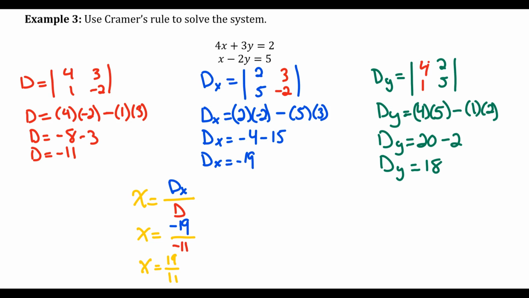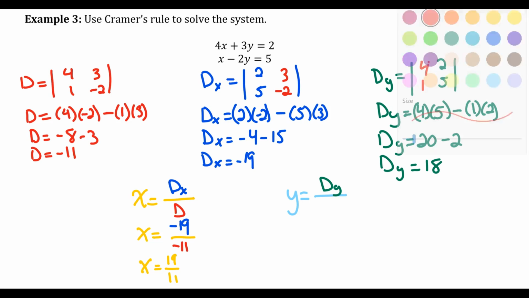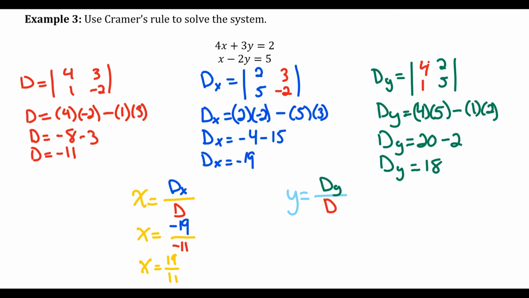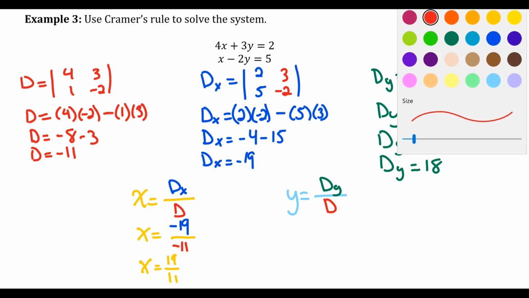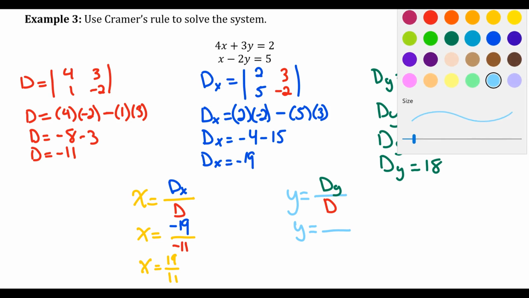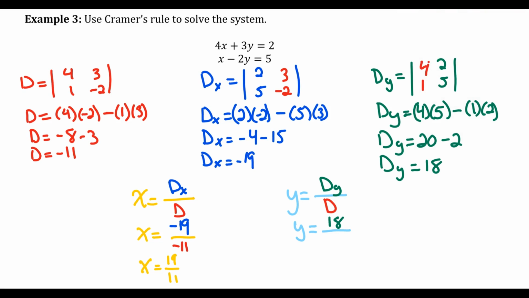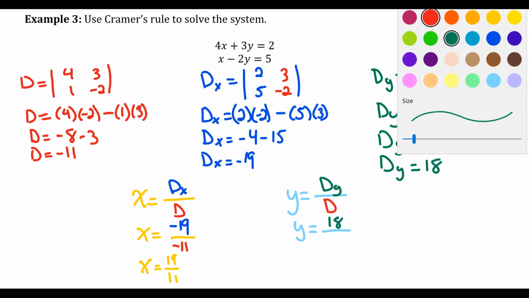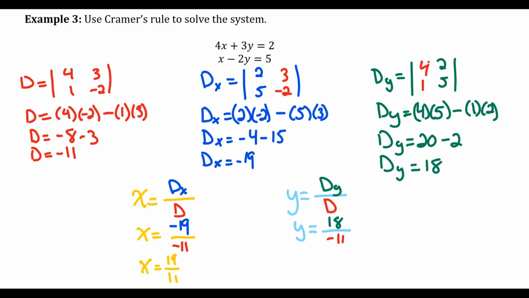Now I'm going to do y. So y is going to be D sub y over my D. So y is going to equal a positive 18 divided by a negative 11.